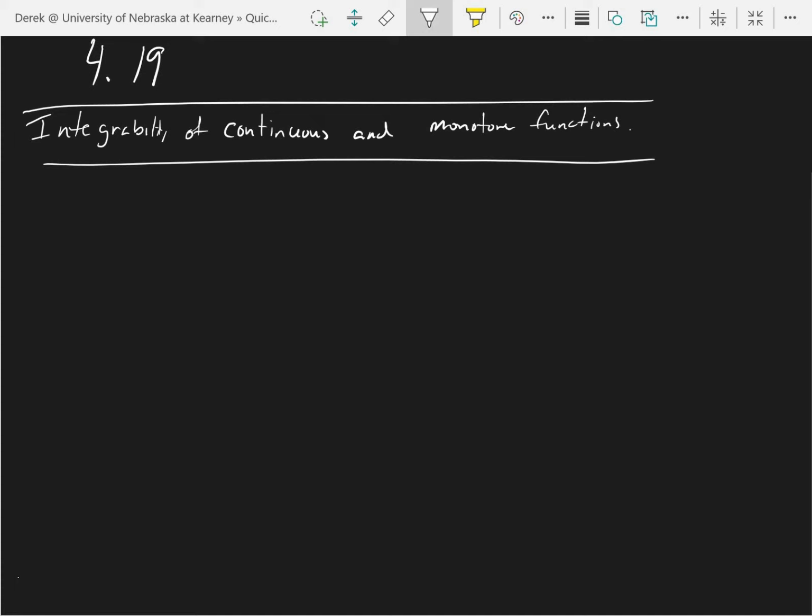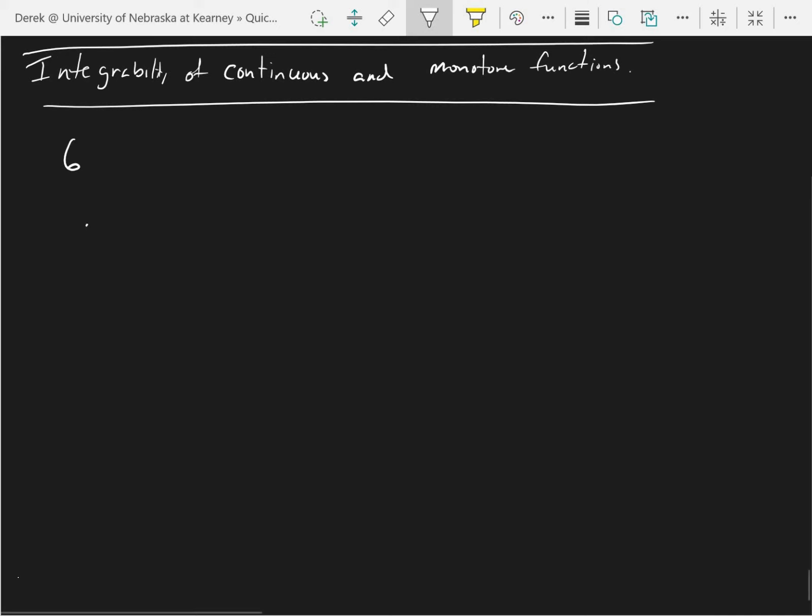So, for instance, Theorem 6.5, which we're going to use today, says that the lower integral from a to b of f d alpha, that's my weight function, is less than or equal to the upper integral from a to b of f d alpha.